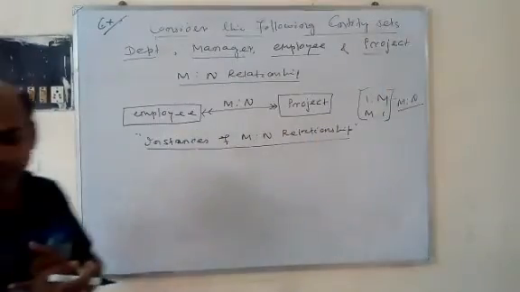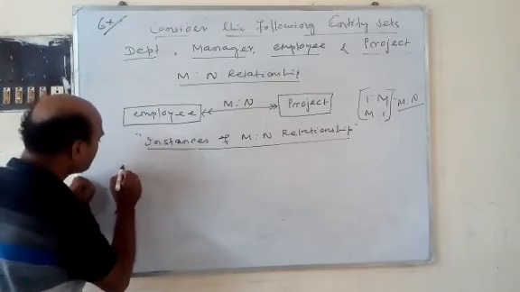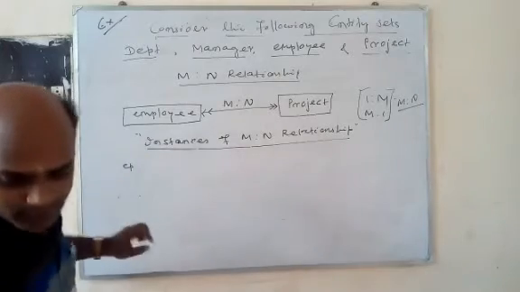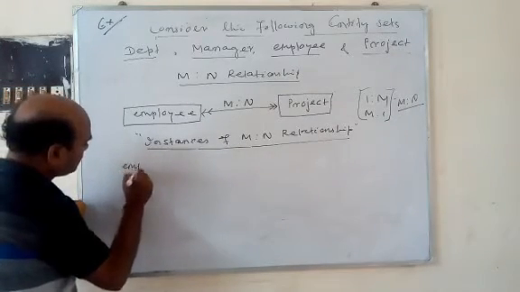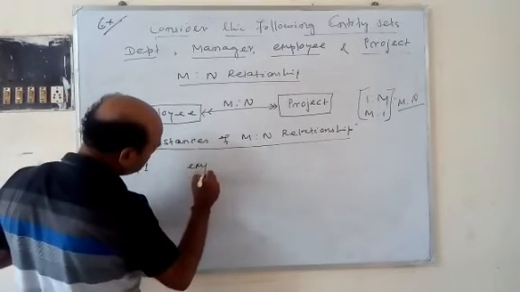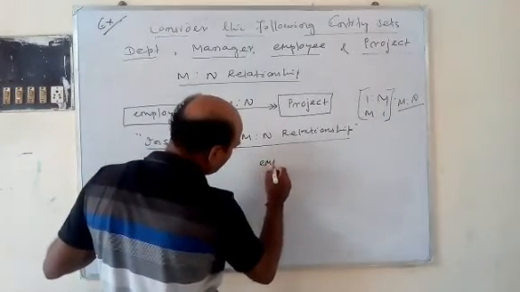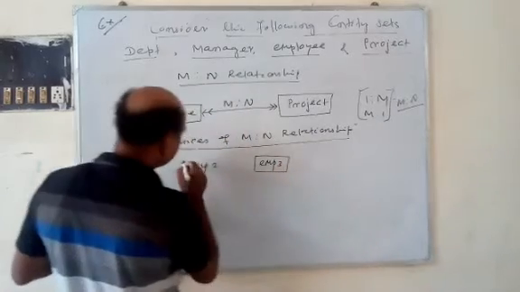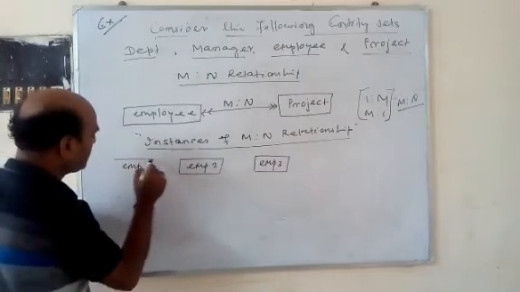Suppose employee 1, employee 2, employee 3 are given for this example. These are the instances of the entity set employee.